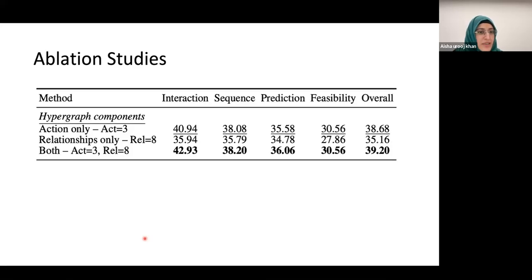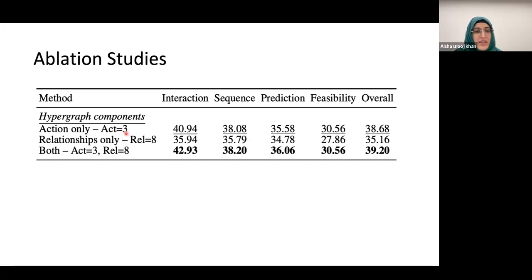Another ablation study we did was based on the hypergraph components, whether we really need to learn both actions and relationships, or we could just do well with either of them. So here we tried a model where we're only predicting actions, or only predicting relationships, and when we are predicting both actions and relationships. So these numbers are the number of queries we were taking.